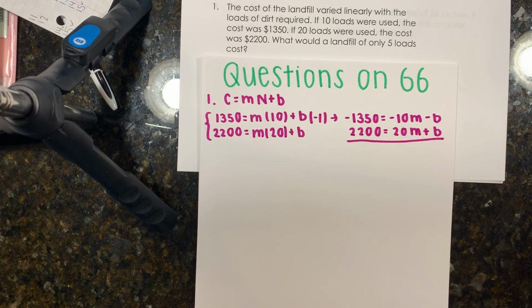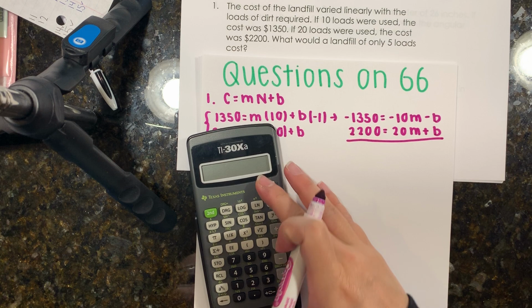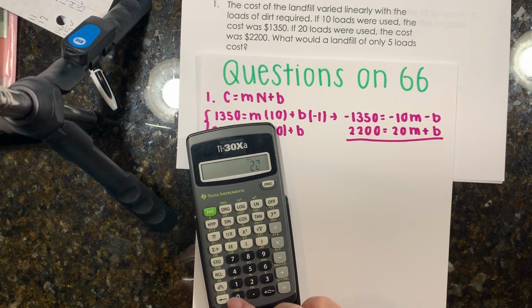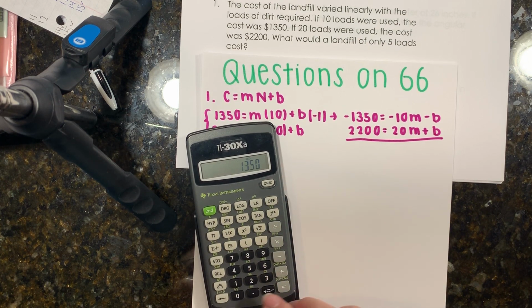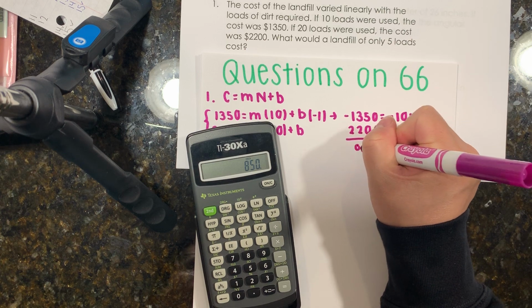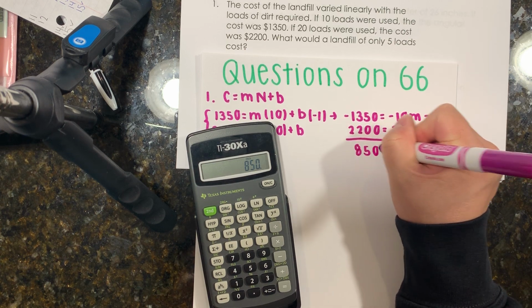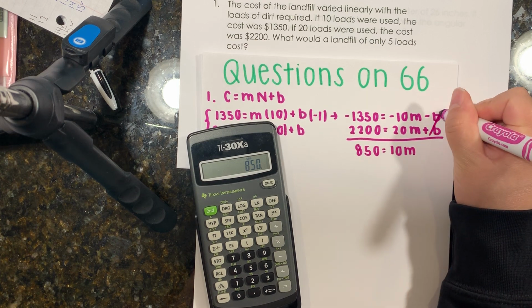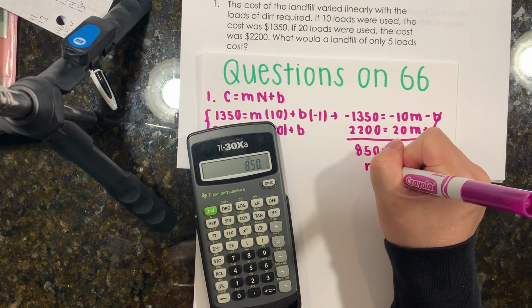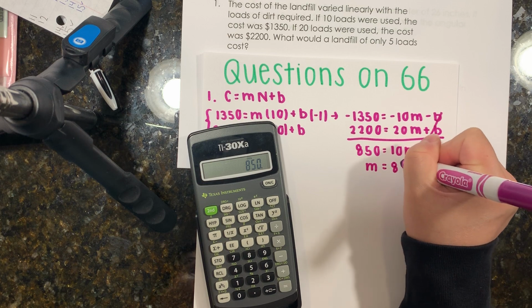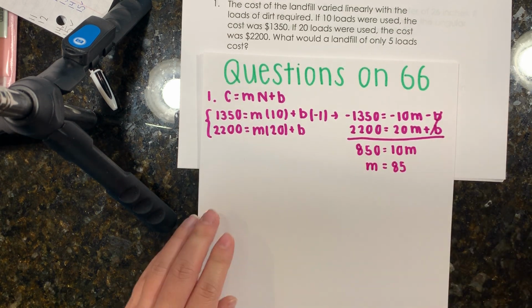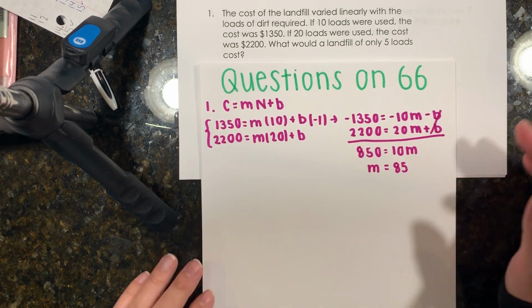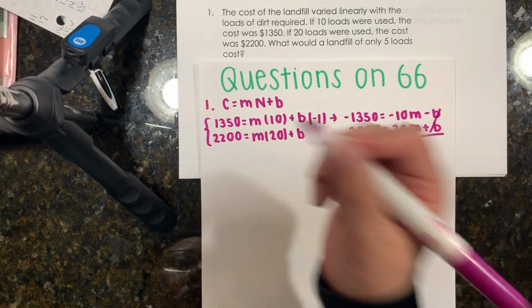I'm going to use my calculator because it's Friday. So 2,200 minus 1,350, I get 850 equals 10M because the B's are going to cancel, which means that my M is going to be equal to 85. Now, once I solve for M, I'm going to use that to solve for B by plugging it into one of the equations.